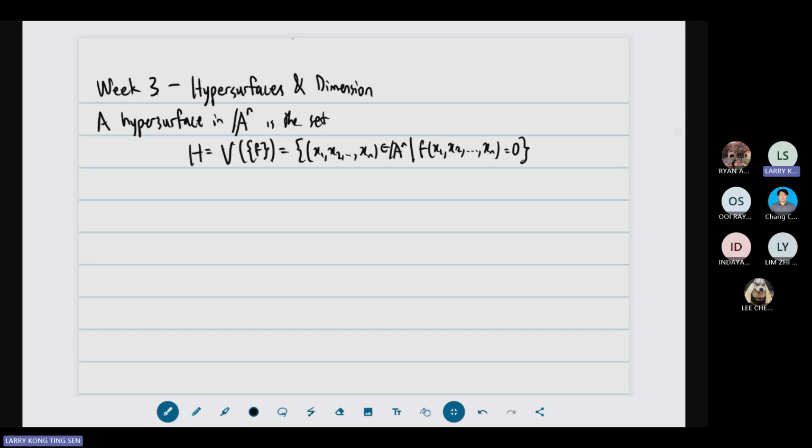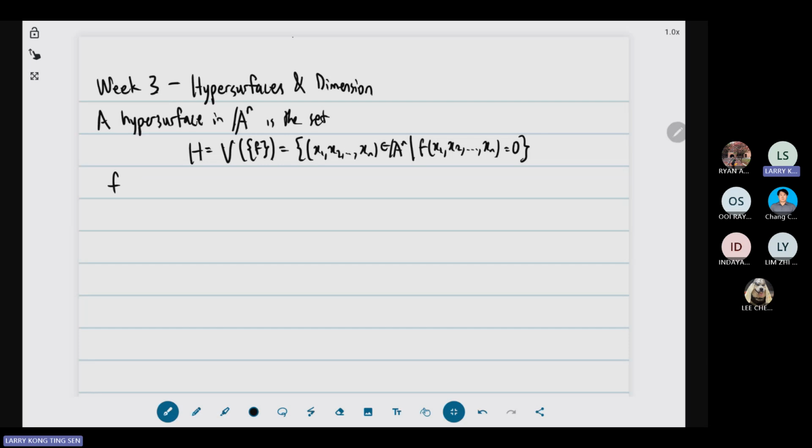If I remember correctly, last Thursday we said that if it is a polynomial of one variable, it's something like an affine line, and two is an affine curve, and so on. So in general, this is what a hypersurface is. Furthermore, if f is irreducible, then in fact we have a variety.